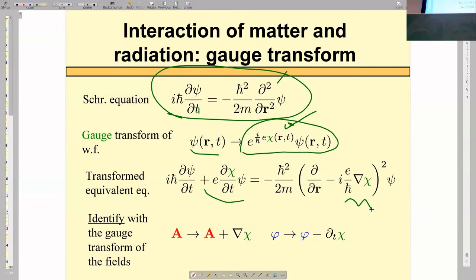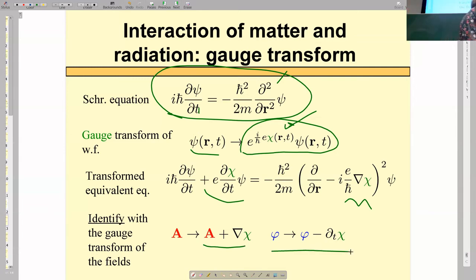And the trick is to identify this transformation with another transform, which we know about, which is completely classical, gauge transformation of electromagnetic fields.